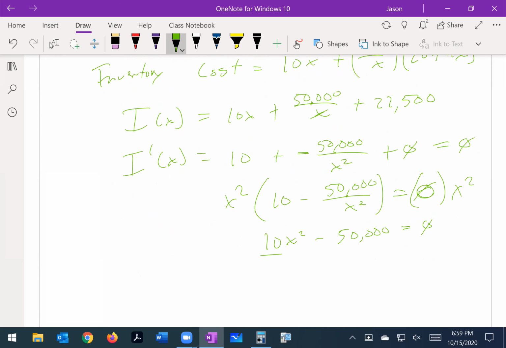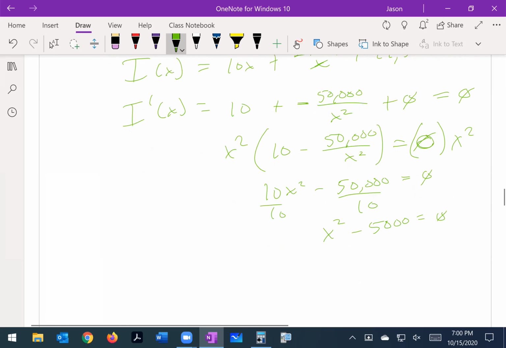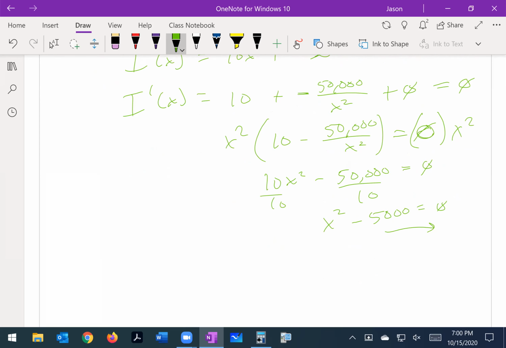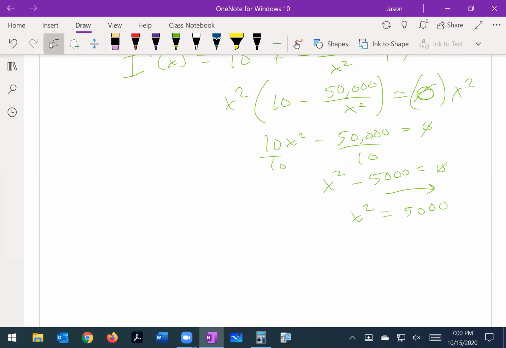I'm going to divide by 10 to get rid of that 10, and I get x squared minus 5,000 equals 0. Then move that over, and x squared equals 5,000. Then we take the square root of both sides, plus or minus.